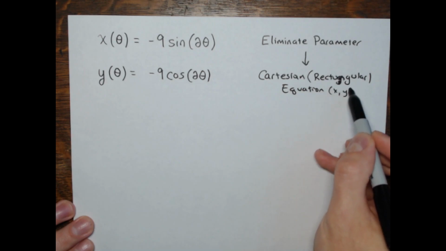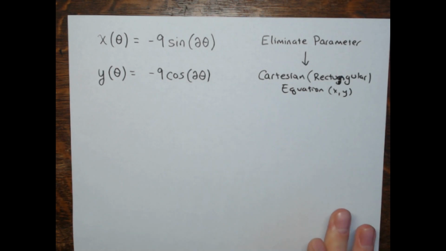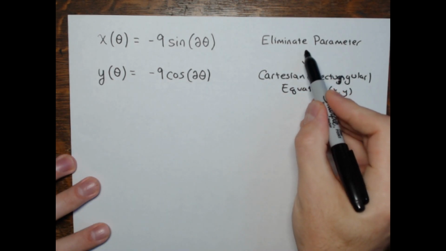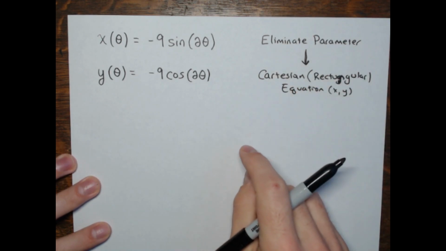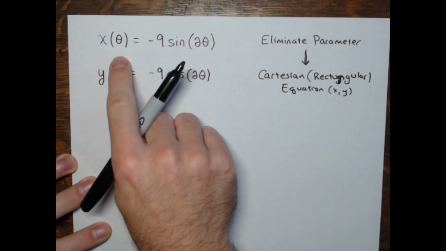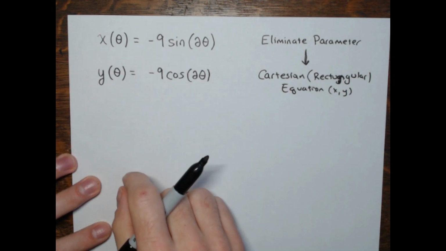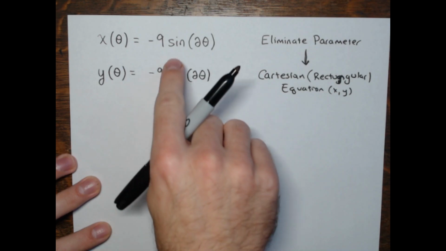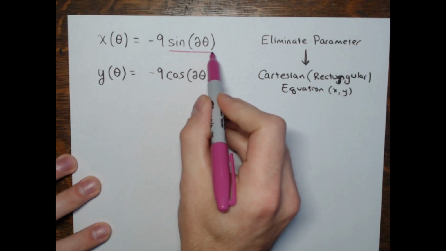That's just involving x and y, no parameter, no theta, no t. So usually you solve for the parameter in one equation and then substitute for that parameter in the other equation. We may come across ones where we'll want to do that, but I'll give you a tip right now.